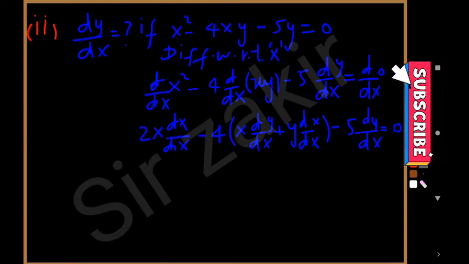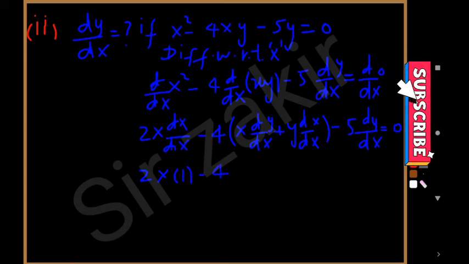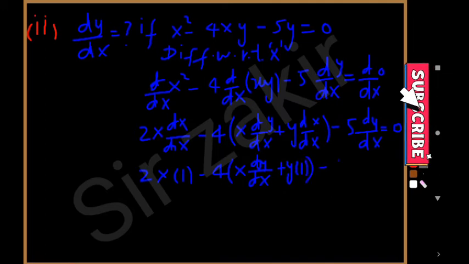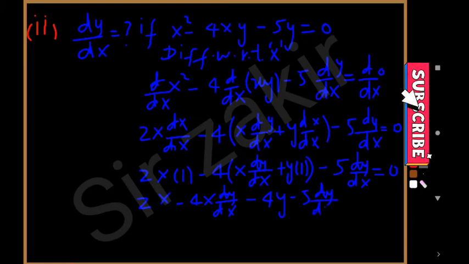Then what we have, 2x into 1 minus 4, it is x dy by dx plus y into 1 minus 5 dy by dx is equal to 0. Then we remove this bracket, it is minus 4x dy by dx minus 4y minus 5 dy by dx is equal to 0.